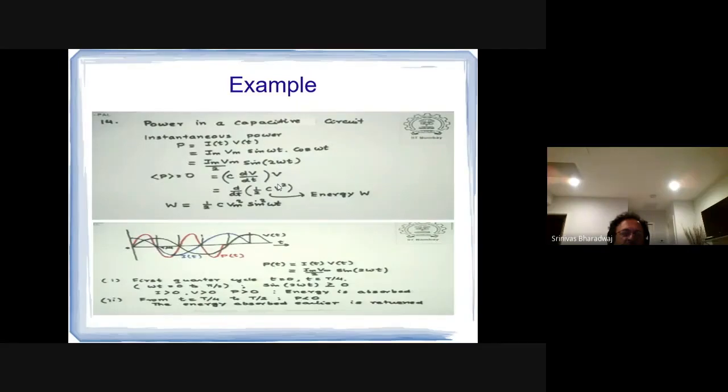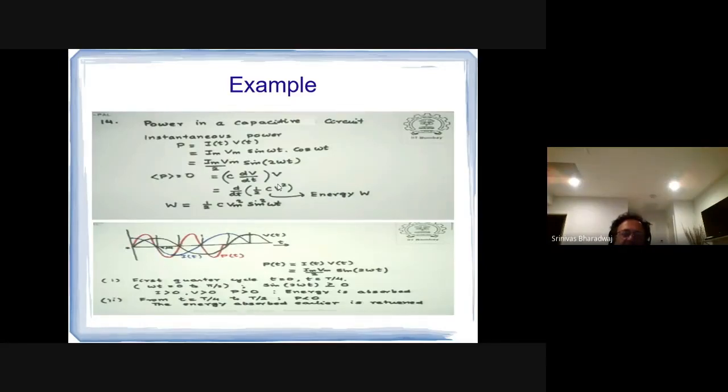When you calculate power, you do I times V, Im Vm sin omega t cos omega t. As you might have expected, the average power is going to be 0.